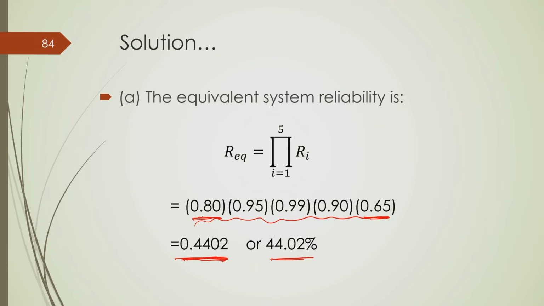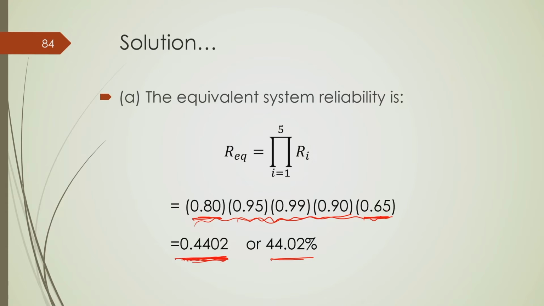Because of these 2, the composite reliability becomes very low, okay, because the other 3 units have higher reliability values: 0.95, 0.99, 0.9. Their reliability values are pretty high, but since the system consists of 5 subsystems connected in series, and one component has a very poor reliability level, that is 0.65, the composite reliability level becomes very low compared to these 3 units, okay, and this unit also has a moderate reliability level.